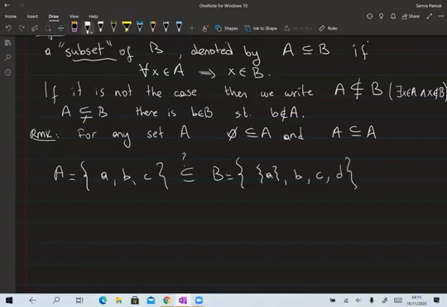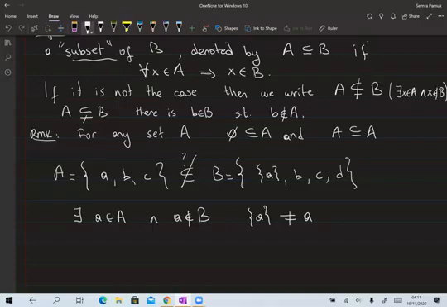This is not true, right? Because there is this element a in A, and this a is not in B, because this element a and this element are not the same.